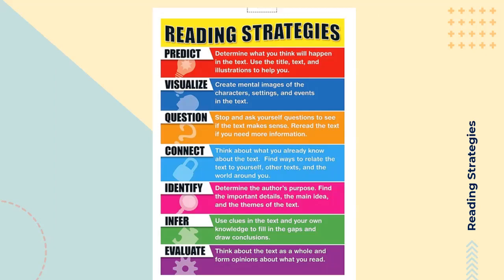These are things like being able to predict, visualize, question, connect, identify, infer, and evaluate. You can imagine if I pick one of those strategies to teach, say connection, I'm going to have my students think about what they already know about the text and find ways to relate that text to themselves, to other texts, and to the world around them.